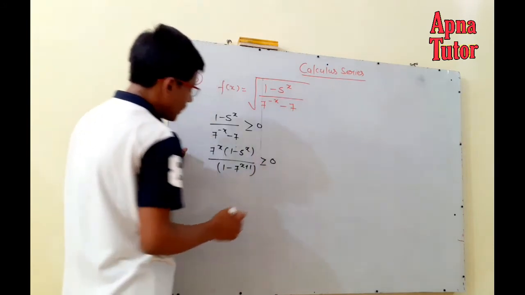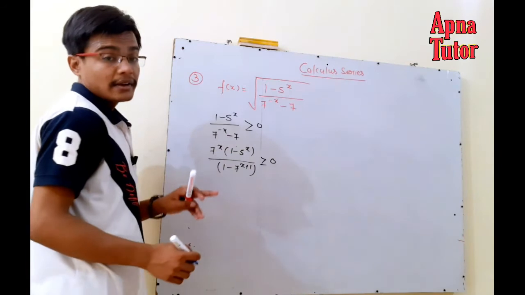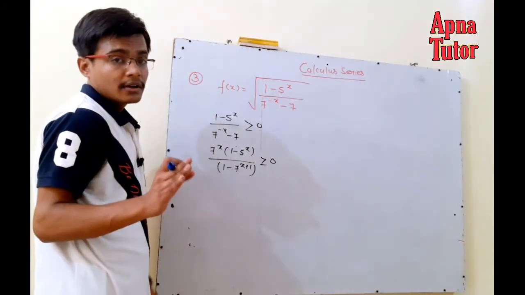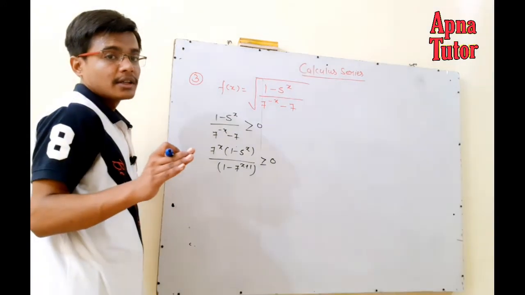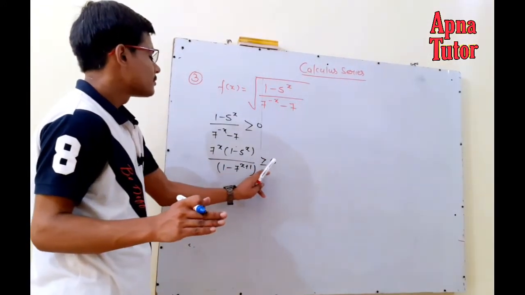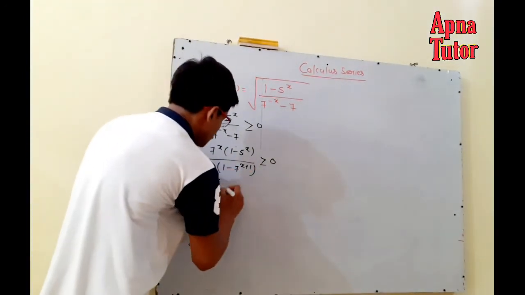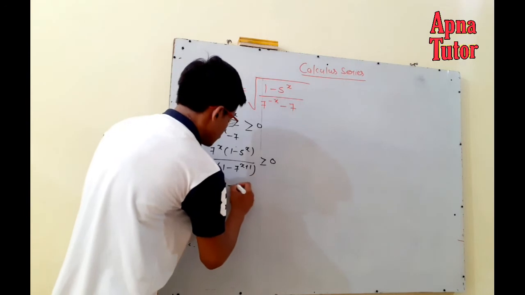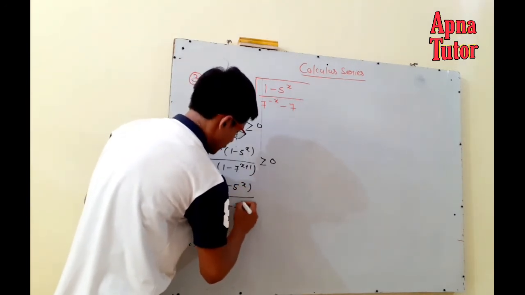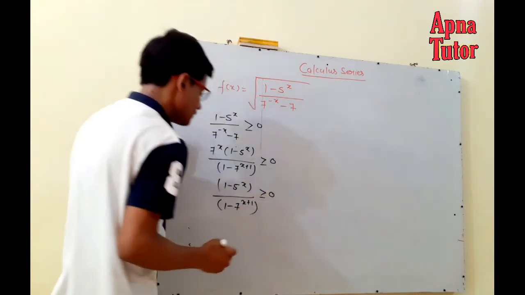Now you can divide this inequality by 5 to the power x, because it is an increasing as well as positive function, so this will not affect your inequality. When you divide, what will remain is 1 minus 7 to the power x plus 1 greater than 0.